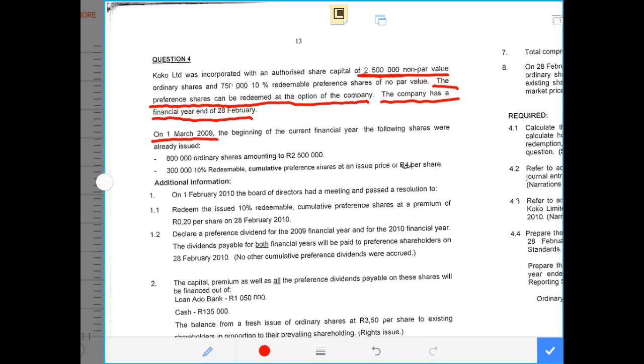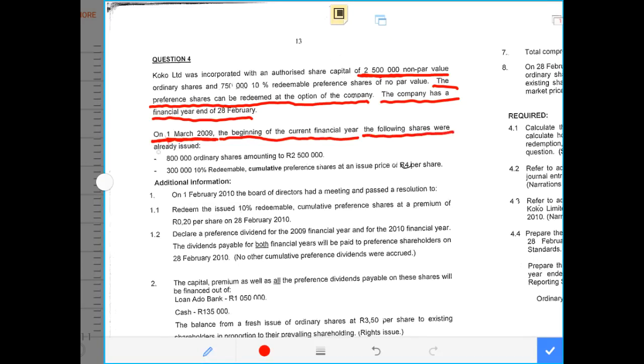We don't know the accounting period that we are dealing with, but we know that on the 1st of March 2009, which is the beginning of the current financial year, that means we are in the 2010 accounting period, because the 2010 accounting period started on the 1st of March 2009. That means obviously we are dealing with the year 2010 accounting period, started on the 1st of March 2009, and it will end on the 28th of February in the year 2010.